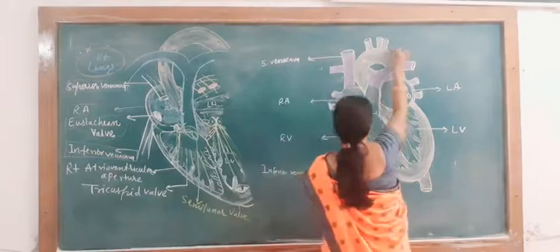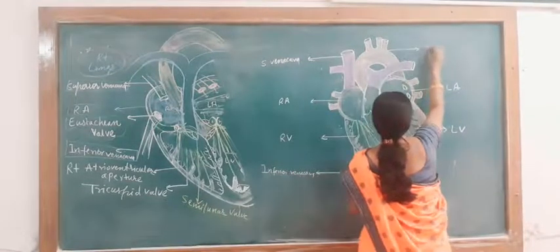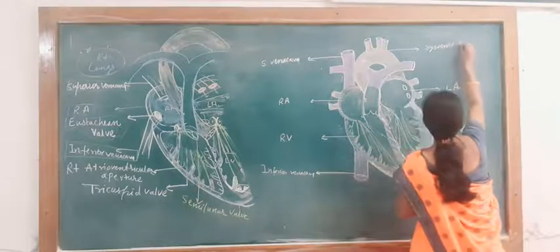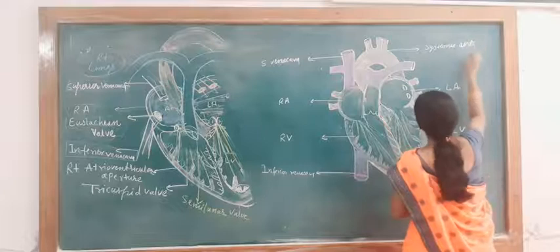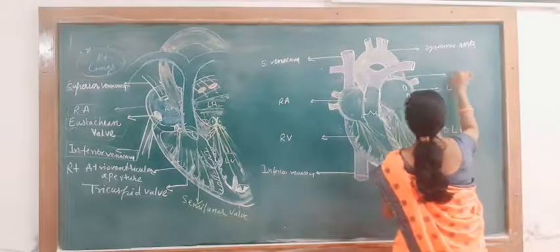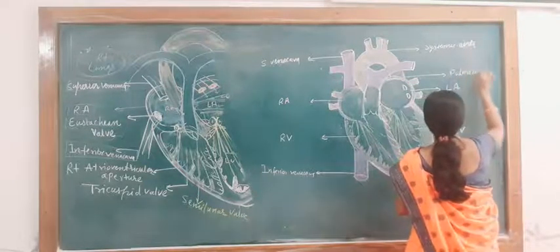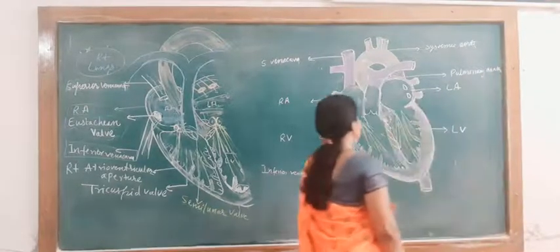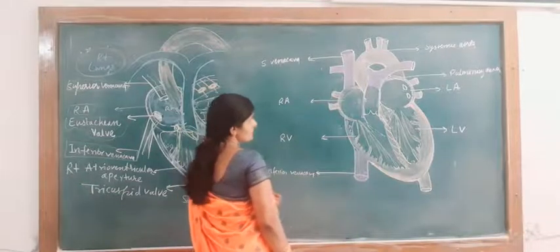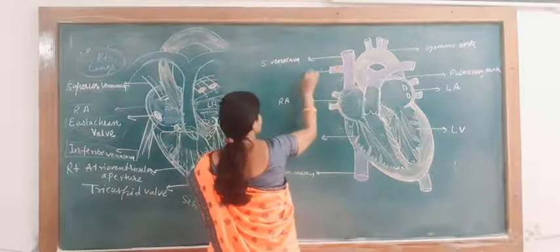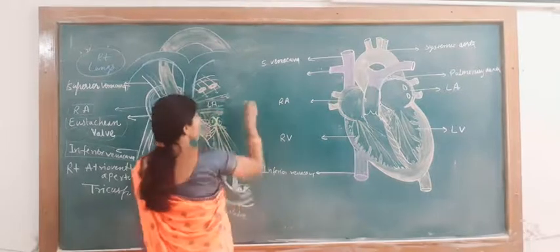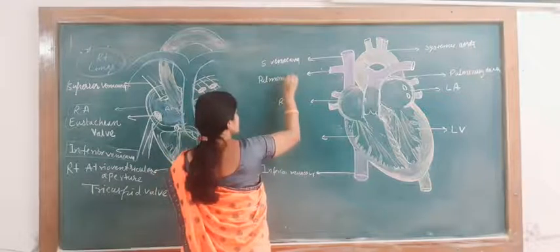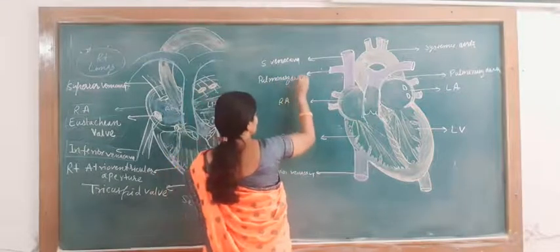This one is the systemic aorta. This is the pulmonary aorta. These are the pulmonary arteries.